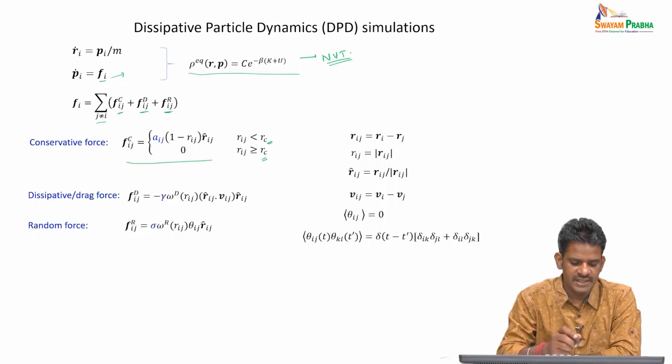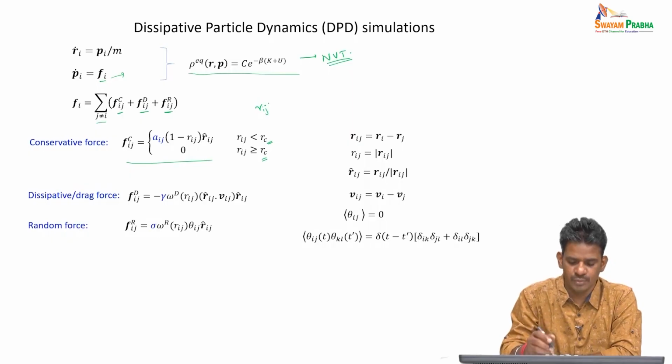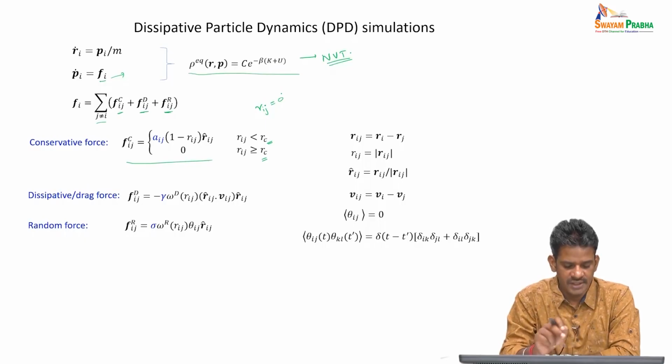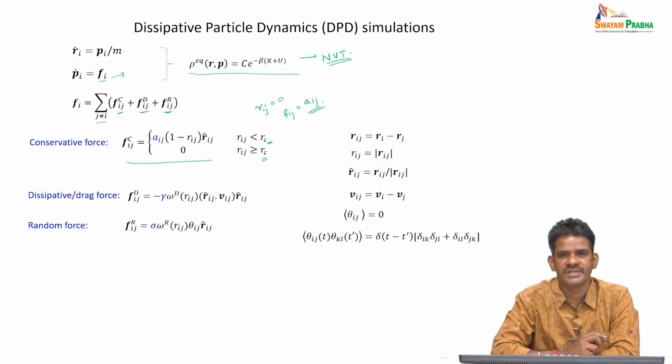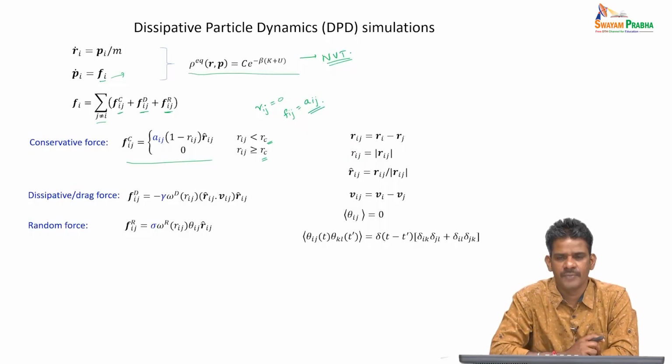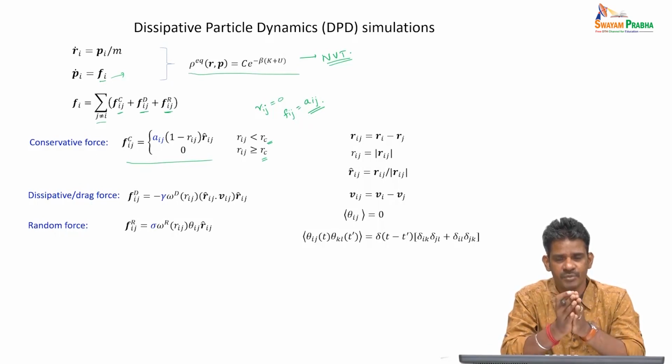When Rij, the distance between the two particles, is equal to 0, that means we have two overlapping particles. In that case, this force becomes maximum, that is Fij will be equal to Aij. This Aij is a repulsive parameter that says how much repulsion you want to add whenever the two particles overlap. So, we are talking about a soft sphere model.